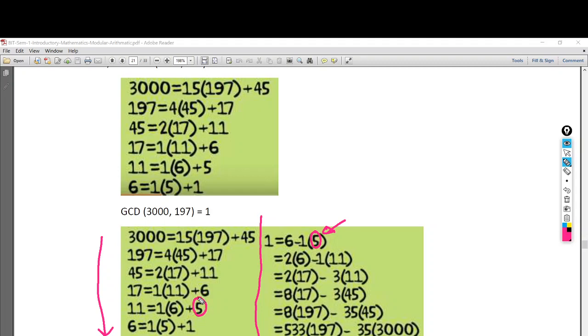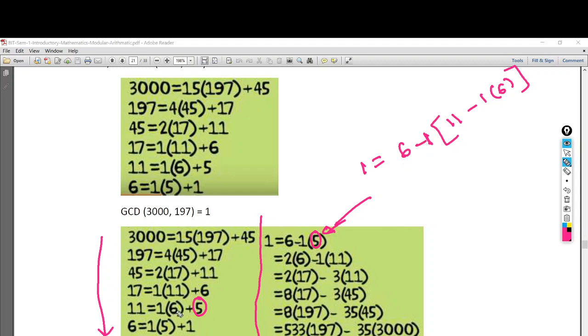So you know that 5 is 11 minus 1 into 6. So therefore we can write 1 equals 6 minus 1 times 5 as 11 minus 1 times 6. So still it is 1.